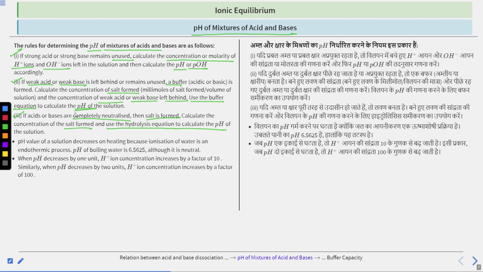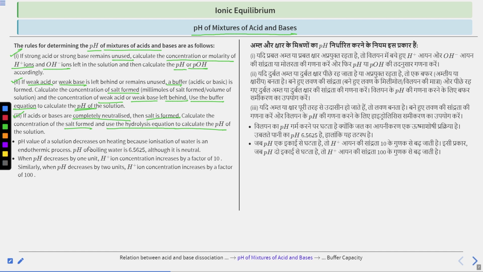So the first rule is for strong acid or strong base left behind, the second is for weak acid or weak base left behind, and the third rule is for acid or base that is completely neutralized, not left behind or unused. Then the salt is formed, and we calculate the concentration of that salt and use the hydrolysis equation to calculate the pH of the solution.